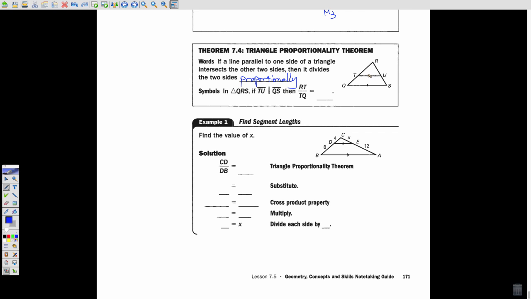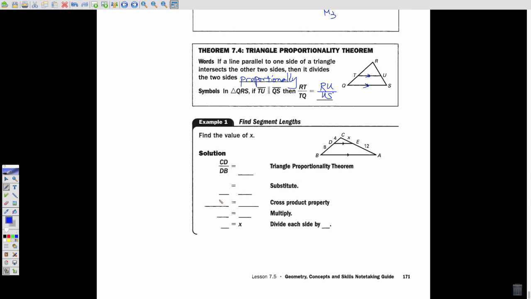It says if TU is parallel to QS, then RT over TQ should equal RU over US. And this concept is pretty intuitive, right? If there's a parallel, I basically cut everything exactly by this parallel line, and this portion over that portion should equal RU over US. So let's see how we use it.